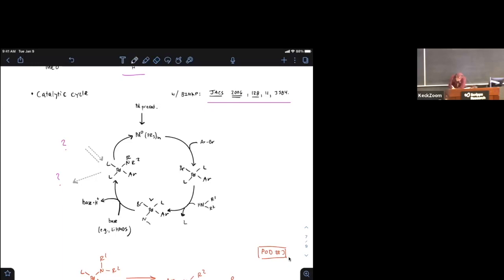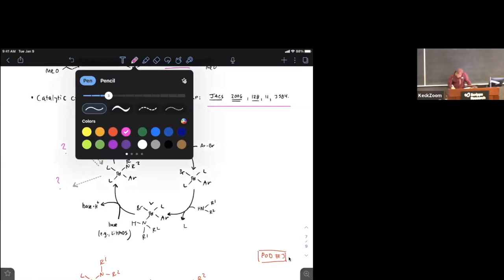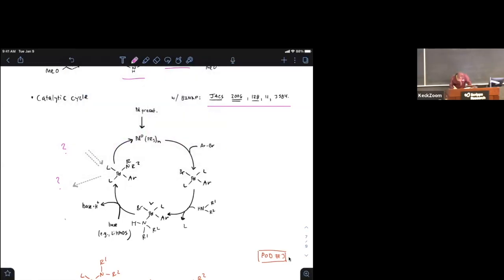So you're saying to form this adduct, the amine displaces an L-type ligand. Now we're primed for this soft deprotonation. So this is essentially the difference between the Suzuki and now the Buchwald-Hartwig: rather than a transmetallation, we have ligand exchange followed by soft deprotonation.